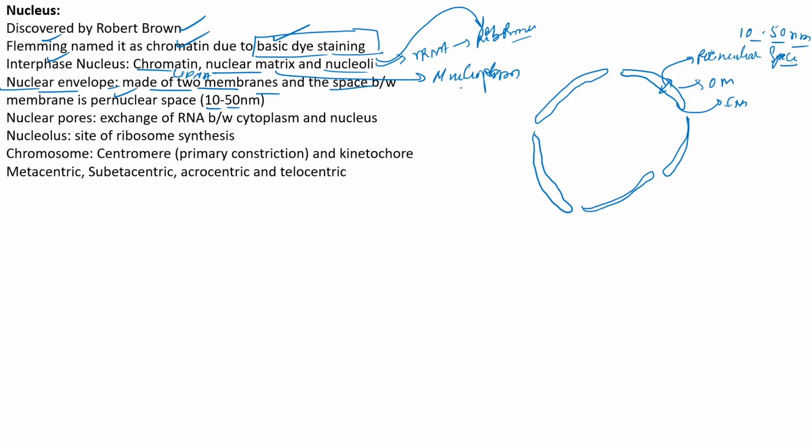10 to 50 nanometers. You also find the presence of pores called the nuclear pores, right? And the nuclear pores are quite important because they are mainly involved in the exchange of materials between the cytoplasm and the nucleus, right?